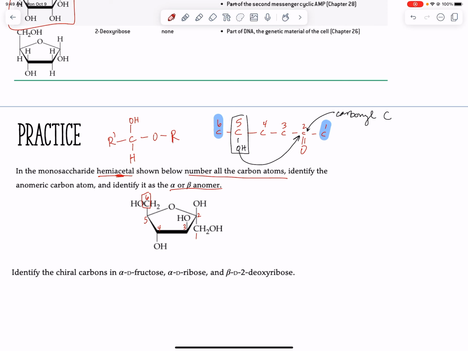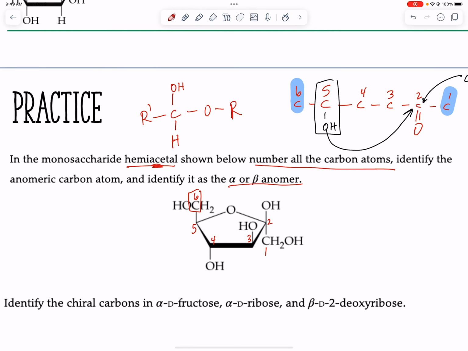Okay, identify the anomeric carbon atom. That's going to be this one right here, carbon 2. It is the only one that is bonded to, if I can identify some of these groups for you, carbon, oxygen, carbon. That's the ether bond. If I can change my highlight color, carbon with an OH group.